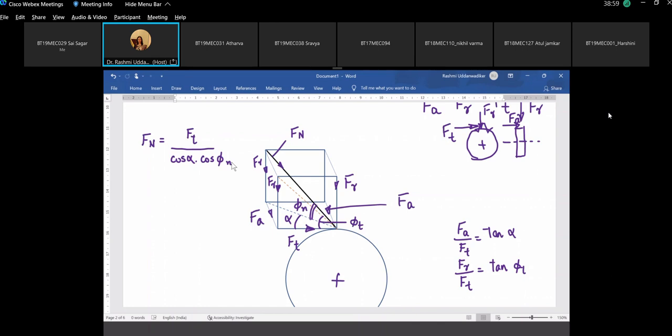Now give me the relation between phi t, phi n and alpha in terms of sine, cos, tan. Give me a relation between phi t, phi n, alpha.